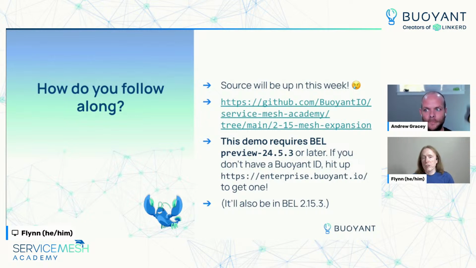This one is a little bit interesting because as we're doing this the easy way, we're taking advantage of the auto registration harness that is present in Buoyant Enterprise for Linkerd 2.15.3 when that comes out shortly. This will require you to go and get a Buoyant ID from enterprise.buoyant.io. I promise you, we're not going to sell your information and send you viruses and horrible things like that. Really, I promise it'll be okay.